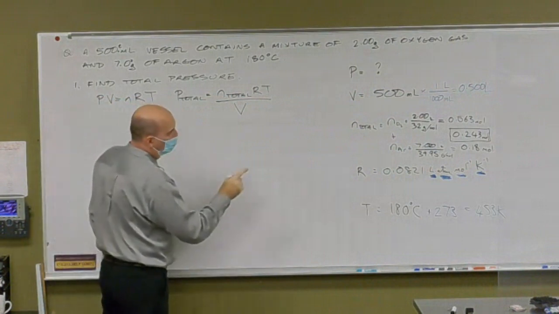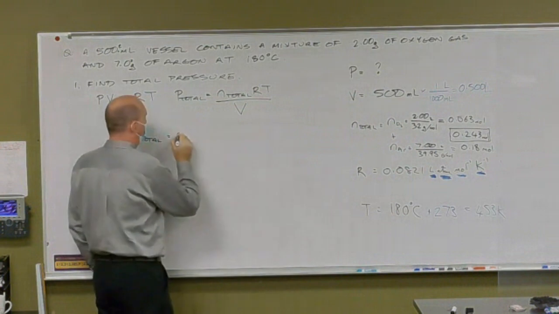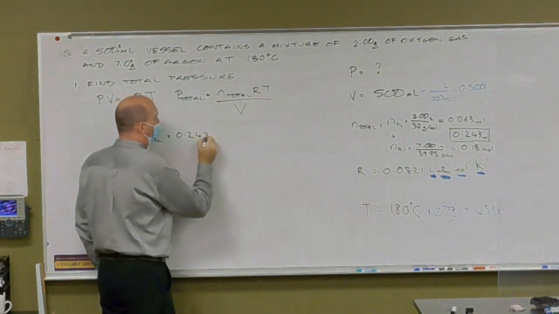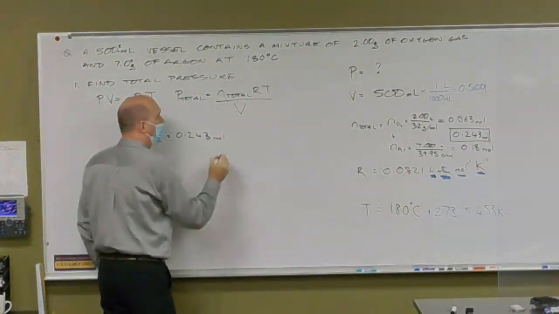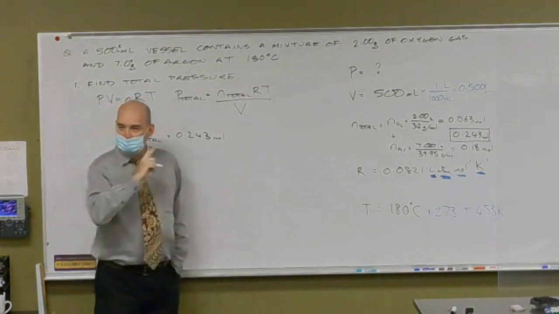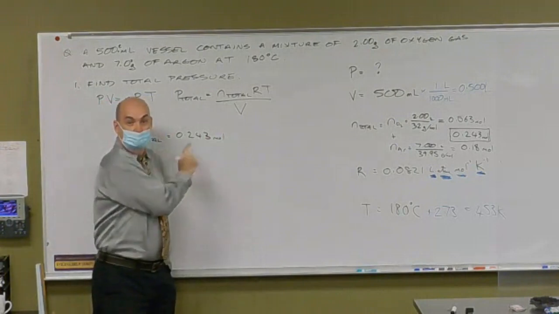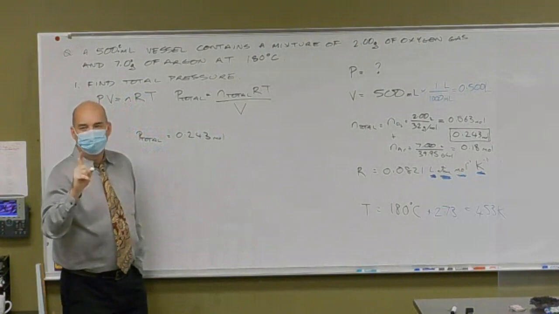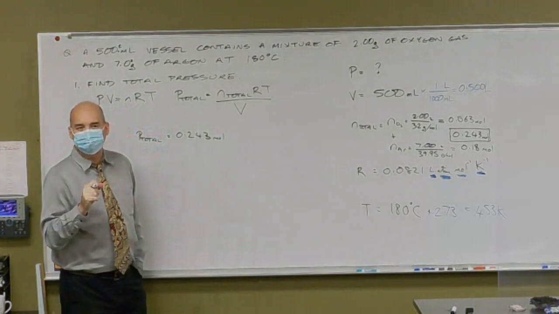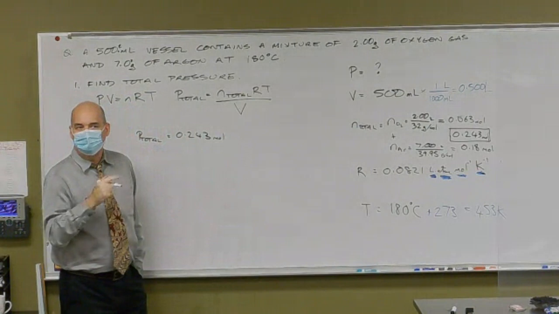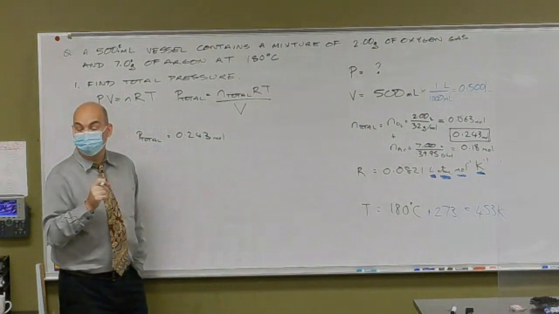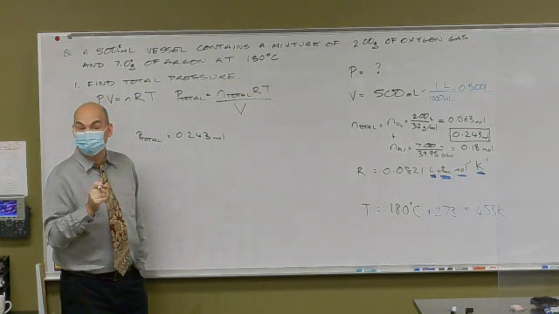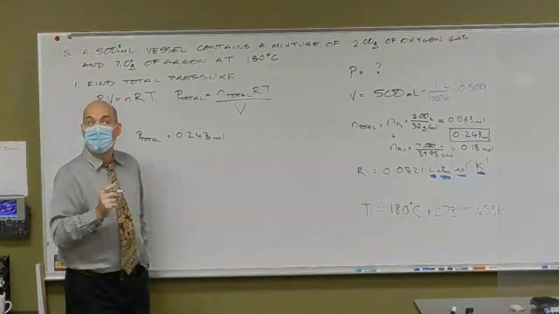So total pressure is the total number of moles, which is 0.243, okay? A quarter of a mole-ish. 1 mole would want to occupy 22.4 liters. A quarter of a mole would want to occupy a quarter of that volume, so about 6 liters.